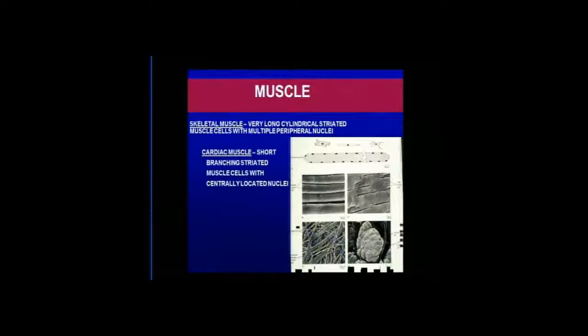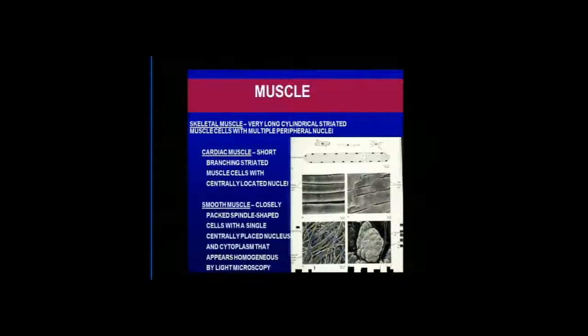There's also cardiac muscle, which is a small cell as opposed to the bigger cell of skeletal muscle. And the smallest one is the smooth muscle cells. See in the top in the middle is the smooth muscle cells. So there's three different types of muscle cells, and they do different functions.